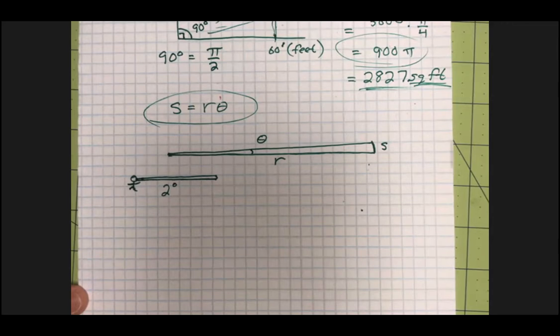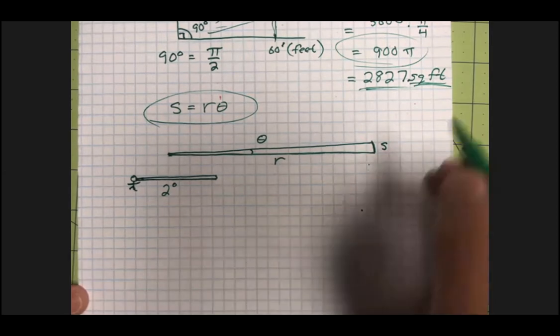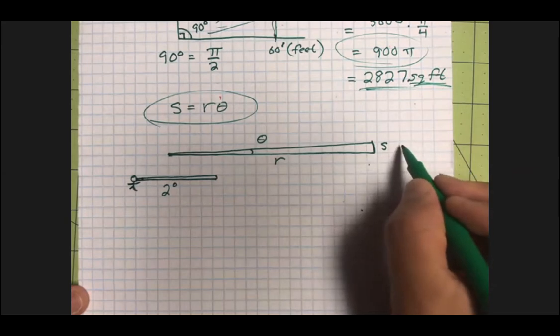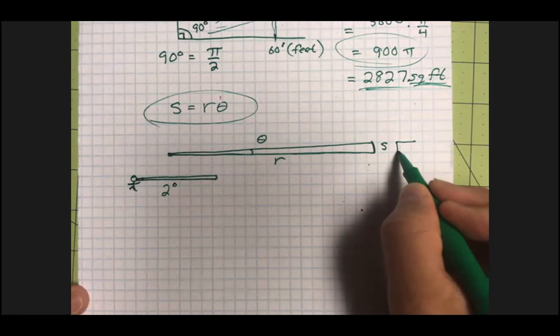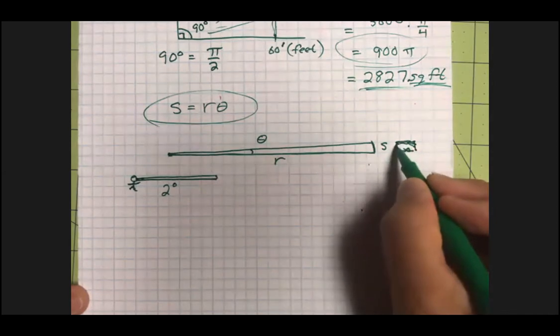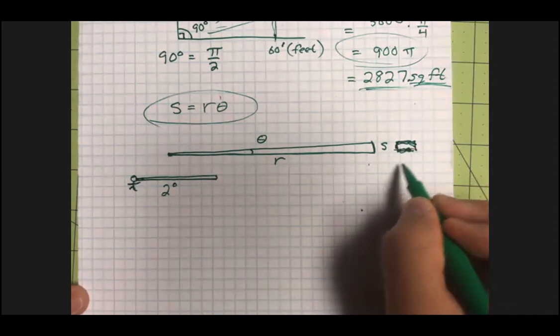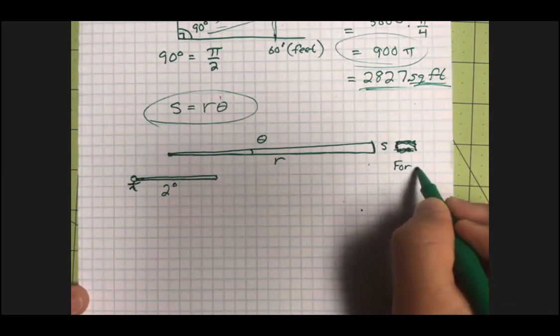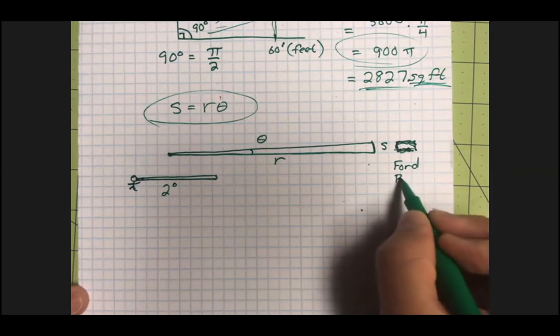Now you can do this out on the street this afternoon or even around your house inside a room. Let's say that you see an SUV, and I'm specifically referring to your homework problem right now. Let's say you see somebody's Ford Bronco sitting down the street.